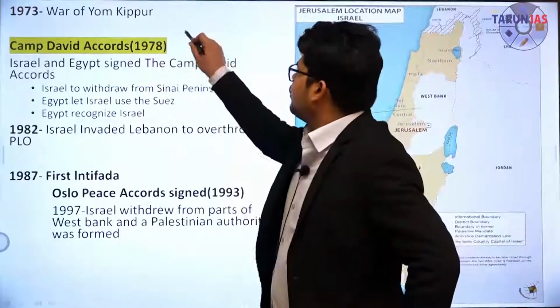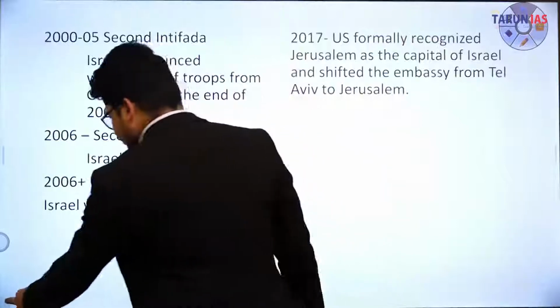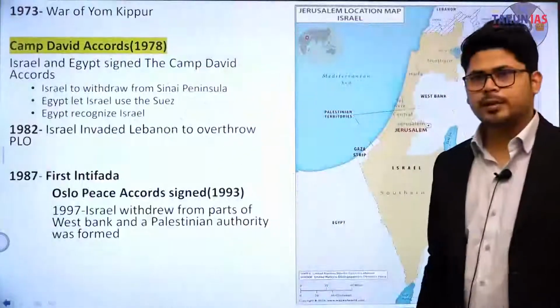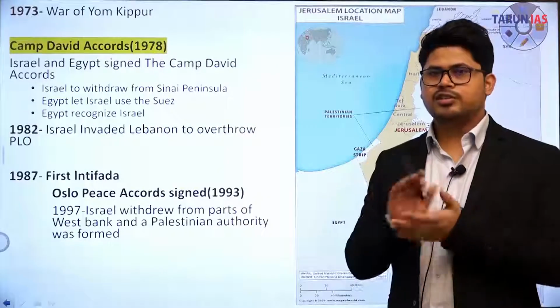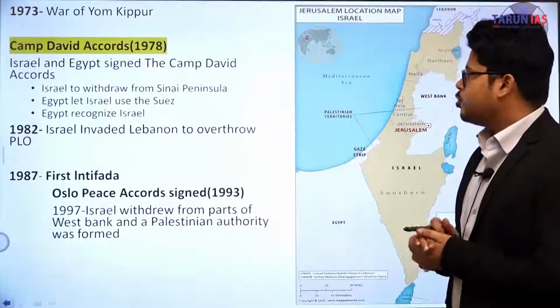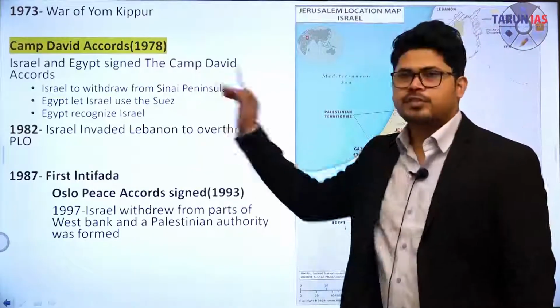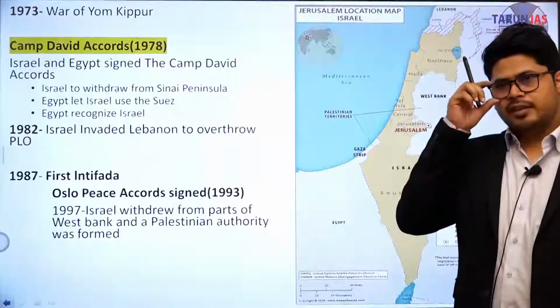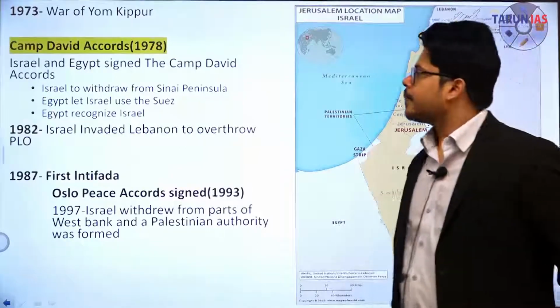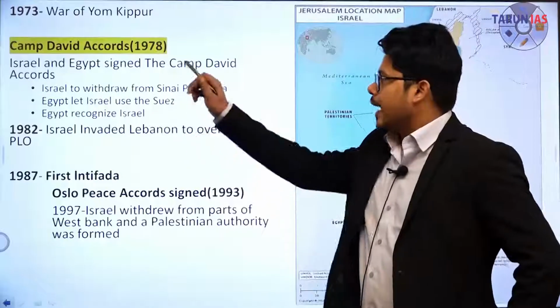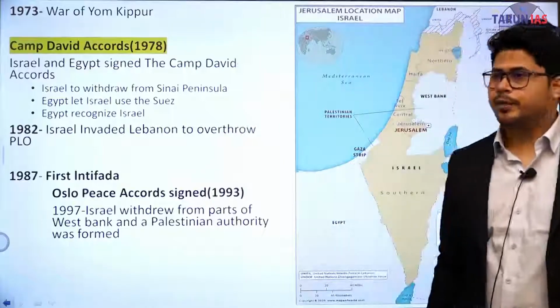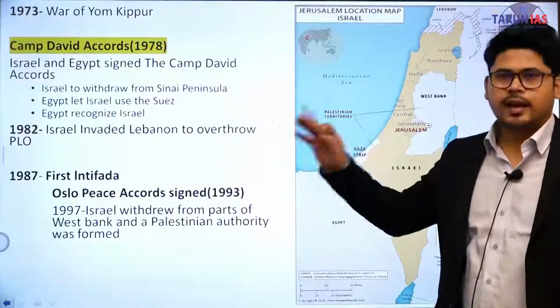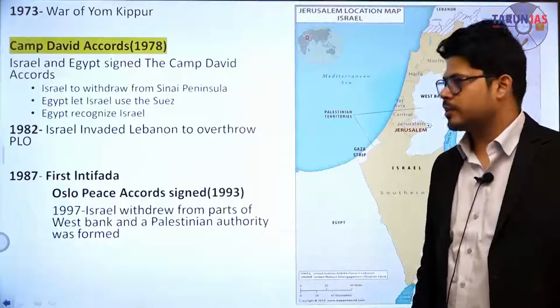1973 के बाद 5 years तक negotiation चलता रहा, ठीक है, and Jimmy Carter became the President of USA in 1976, I guess, ठीक है. After that, Camp David Accords were signed between Egypt, Israel, and of course Jimmy Carter, the USA.